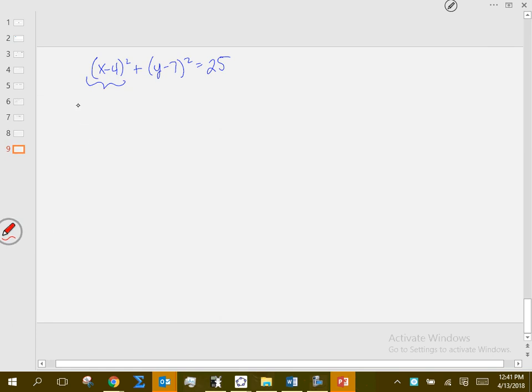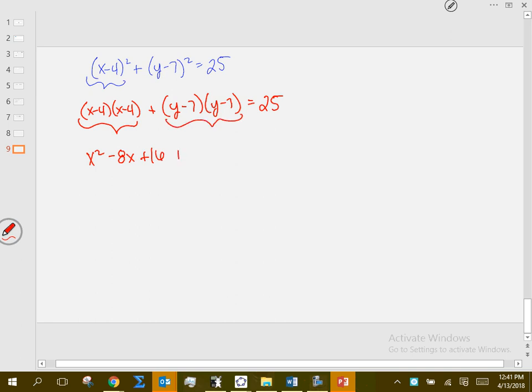I should FOIL that. Okay, so that means (x - 4)(x - 4). For the same reason, this means (y - 7)(y - 7). And I've got my 25, obviously. And if I FOIL these, it gives me x squared minus 8x plus 16.